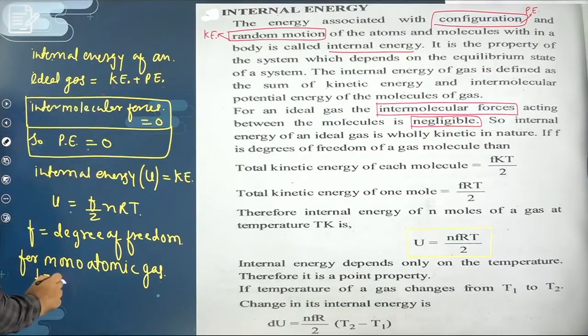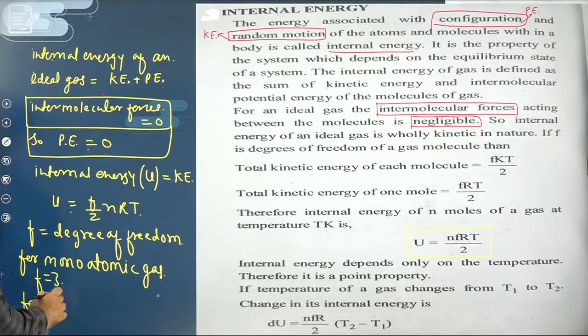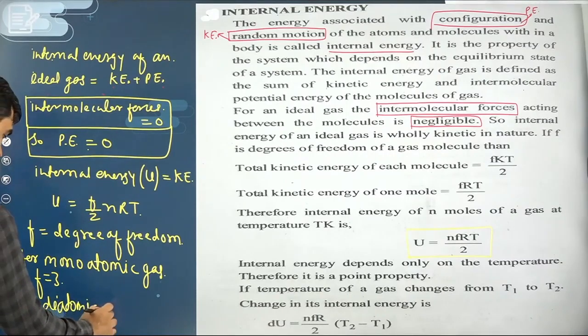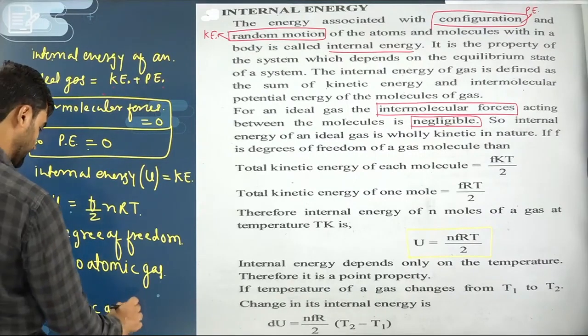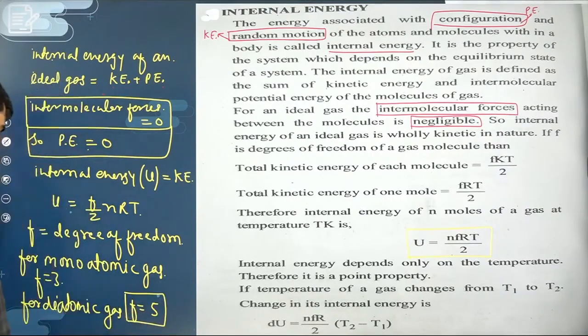Why is it 3? What is degree of freedom? We will understand later. For a diatomic gas, F is equal to 5. So the degree of freedom is 5 for a diatomic gas.